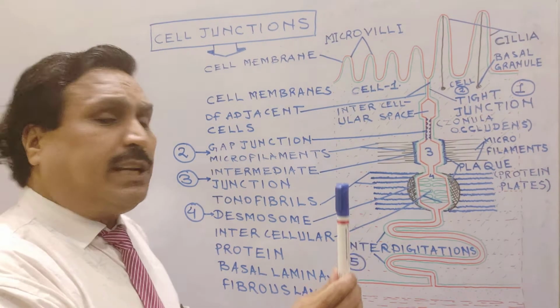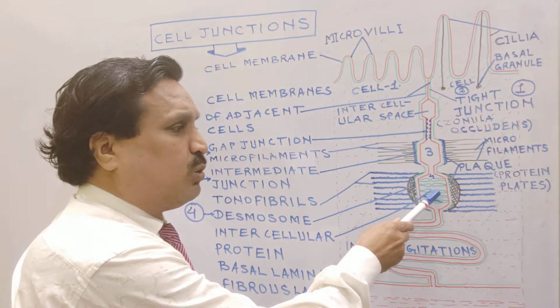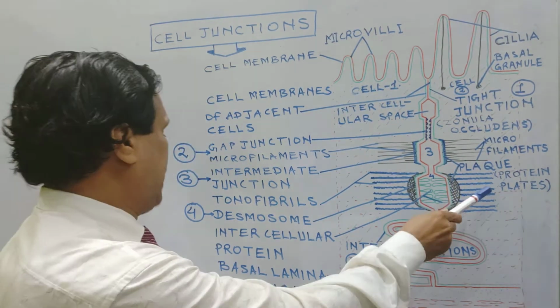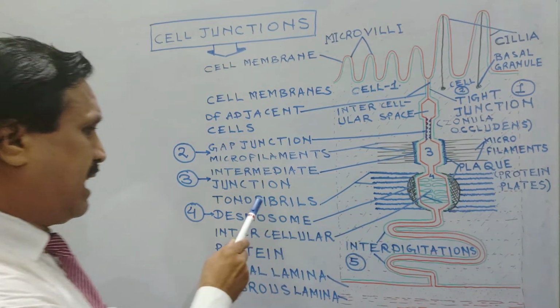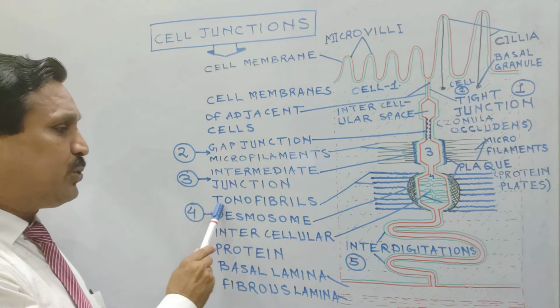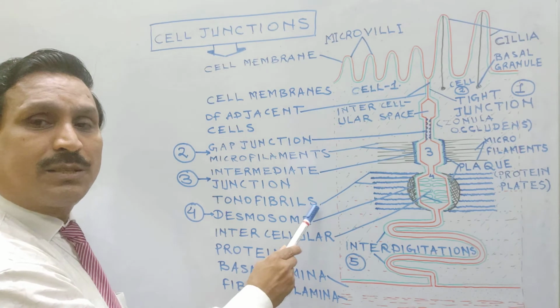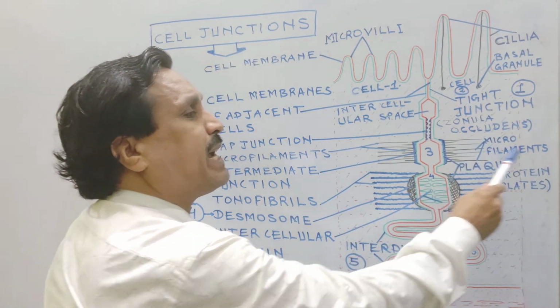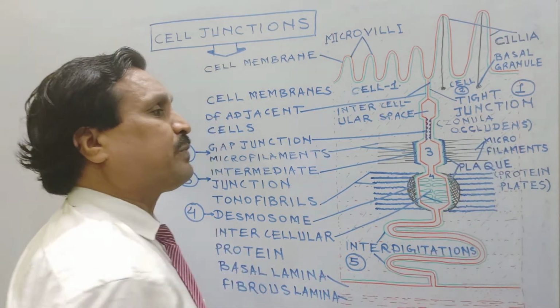Now, in case of desmosome, these fibrils are called tonofibrils. Have a glance here, tonofibrils. In case of intermediate junction, it is called microfilament.